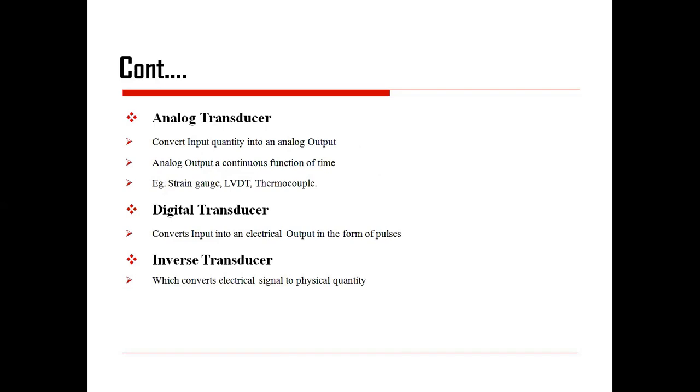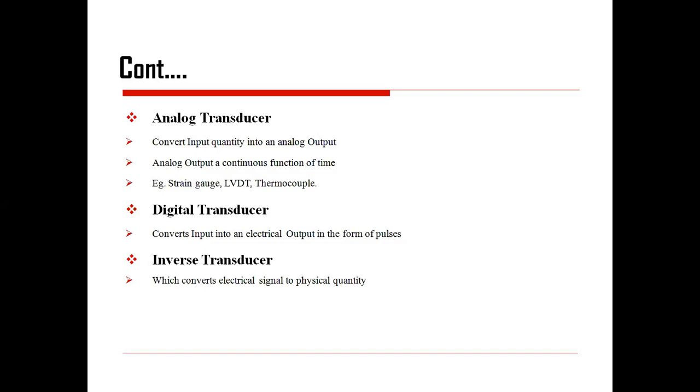Now, analog transducer, digital transducer. An analog transducer converts the input quantity into an analog output, a continuous function of time. For example, if we are trying to measure the output of a circuit on a CRO, that is nothing but your analog output that varies with respect to time, and it is a continuous one.